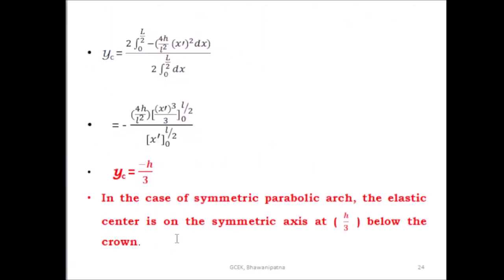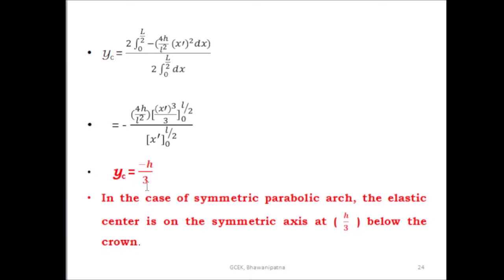After putting this value of y dash, you get YC is equal to integral from 0 to L by 2 of minus 4H by L square into X dash square into dx, divided by integral from 0 to L by 2 of dx. This is for the whole parabolic arch, both sides, because you are taking the crown at the origin, so you take this side 0 to L by 2 and this side 0 to L by 2. After integrating, YC is equal to minus H by 3.